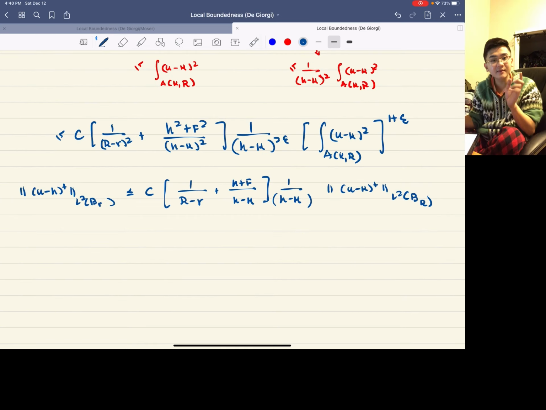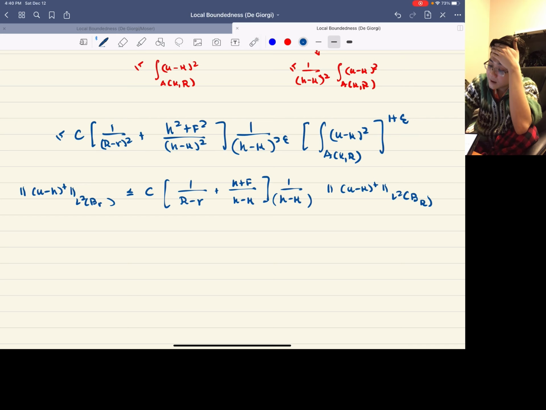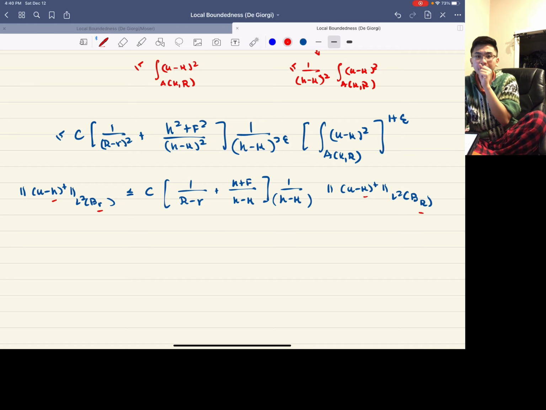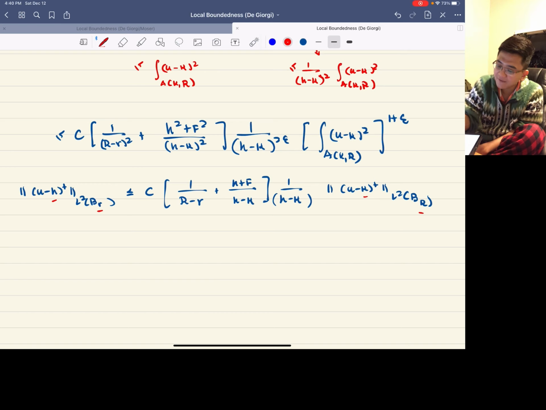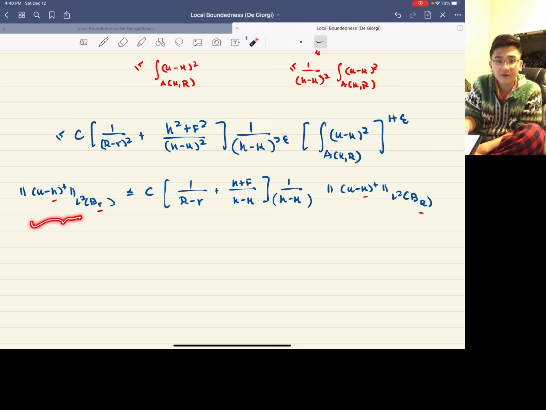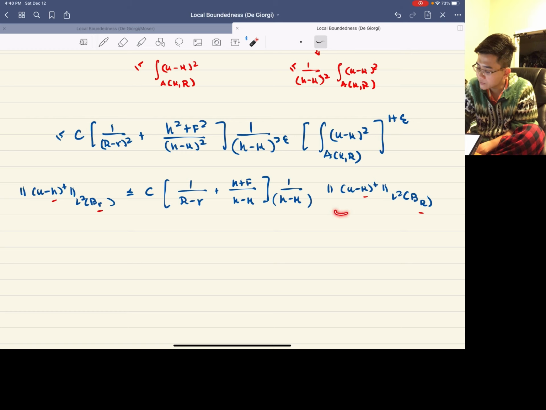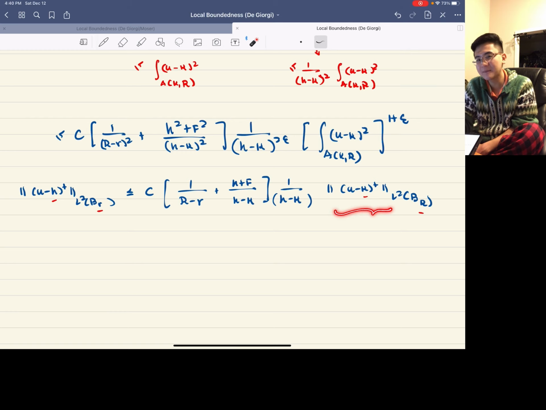Okay, so let's see. This is important. We have here large h. h is larger than k, but little r is smaller than big R. So remember our figure from the first figure. We have here the L2 norm of u over parts where it's bigger than h, and here we have the L2 norm of u where it can be a bit smaller, bigger than k instead of h.